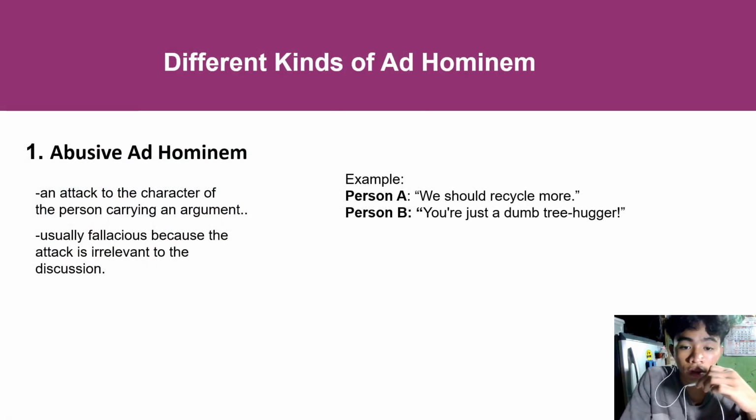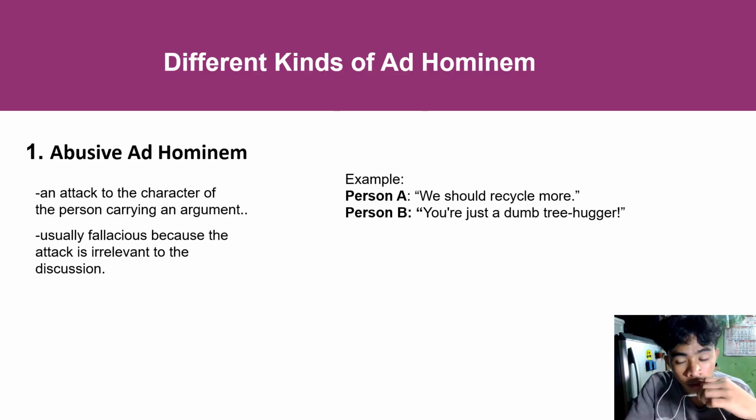So these are the different kinds of ad hominem. The first is abusive ad hominem. It is an attack on the character of the person carrying an argument, usually fallacious because the attack is irrelevant to the discussion. Example, person A says, we should recycle more. Then person B says, you're just a dumb tree hugger.